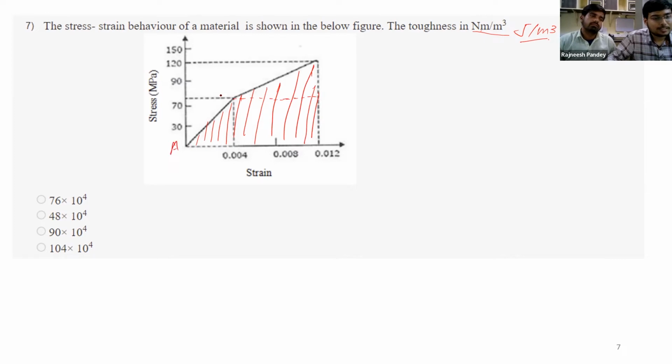Let us term these points as A, B, C, D, E, and F. So the toughness would be nothing but the area under this stress strain curve.